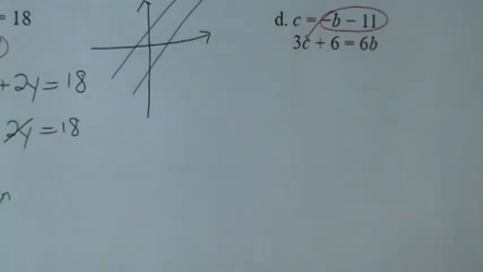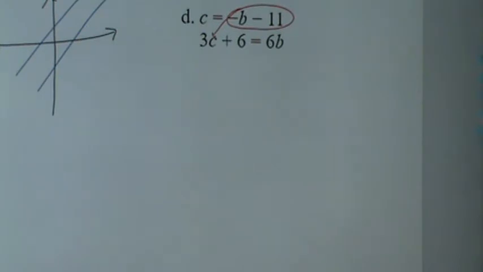All right, when you finish D, let me know, and I will come check it. So it should be B is -3, and C is 8.